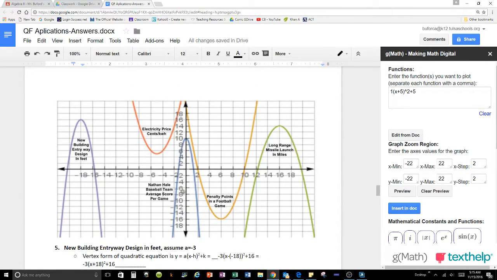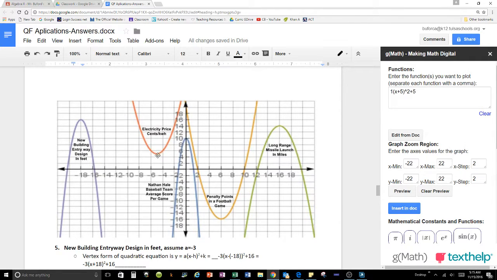So if we look, okay, here's the parabola for Nathan Hale baseball team, and we see the vertex is here. What is the value of x? The value of x is 0, and the value of k is 10. See, because we're right on the y-axis, the value of x is 0, and the value of k is 10.